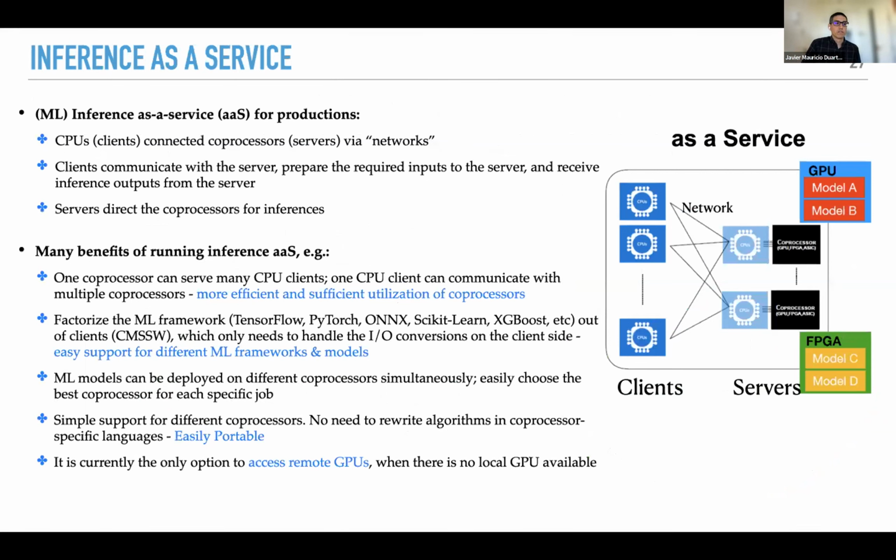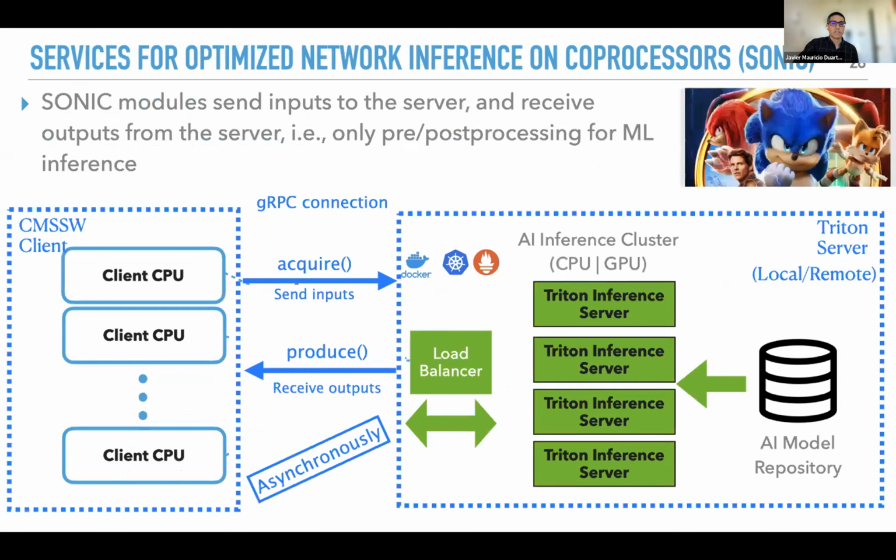And so one thing we can do to speed this up is use this paradigm of inference as a service, where, rather than using the CPUs to do the inference, the CPUs basically just send the data to some coprocessor like GPUs, FPGAs, or dedicated AI processors to do the inference. So what this looks like is you can have a cluster of GPUs with some load balancer that controls which GPUs are used for the different inference. Then you can have your usual bank of CPUs.